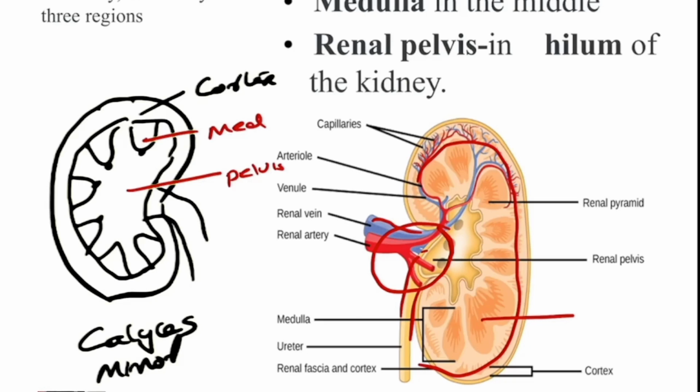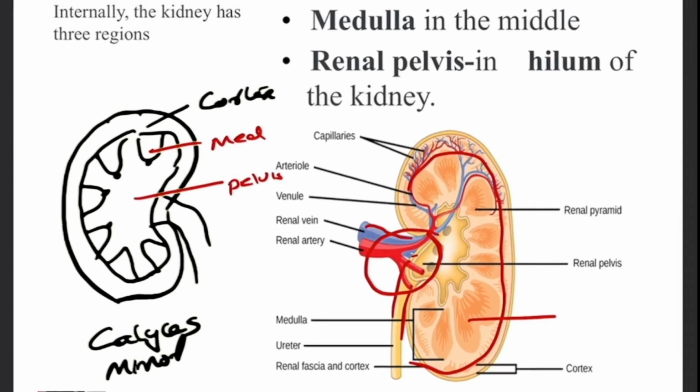In the picture you can clearly see the triangular region called the pyramids. In between the medullary pyramids, you can see part of the cortex extending. This is called renal columns. Hope the internal structure is clear to you.